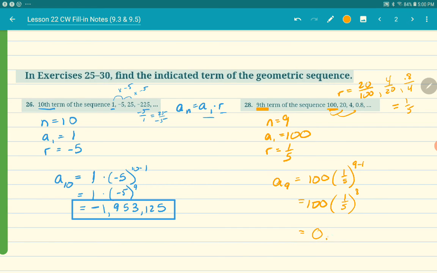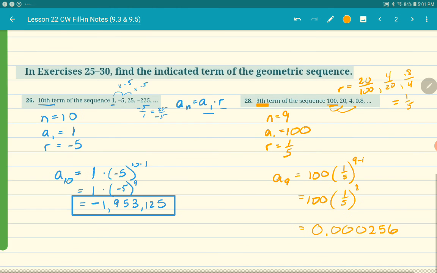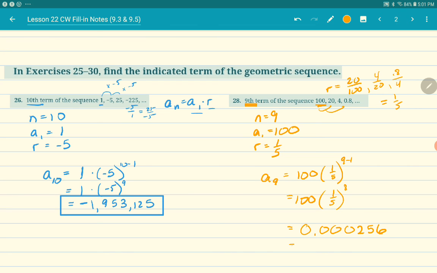My calculator gives me a bunch of zeros, a very, very small number. So to express that one, I'm going to use scientific notation. I'm going to take my decimal place and move it 1, 2, 3, 4 places. So I have one significant digit before the decimal, and since I moved it over, that means I multiplied by 10 to the -4.